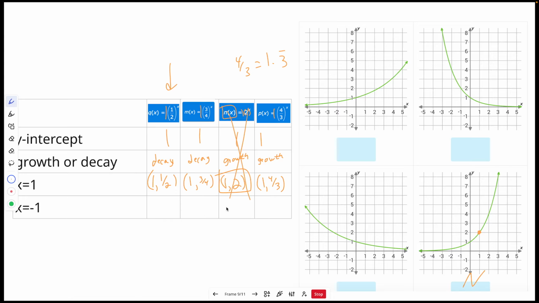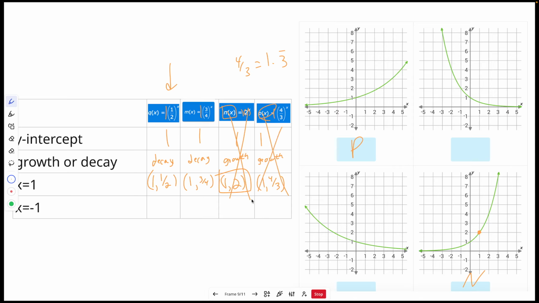Well, now that helps us eliminate as well, because now p is the only other growth function. So which other function is a growth function? Well, this top left corner grows, right? From left to right. So this is p, because again, there was only one other growth function.